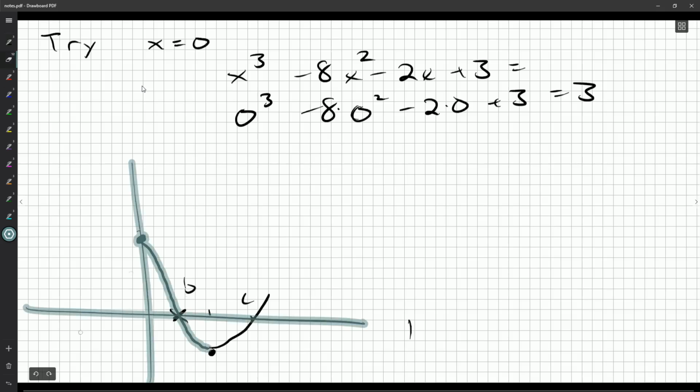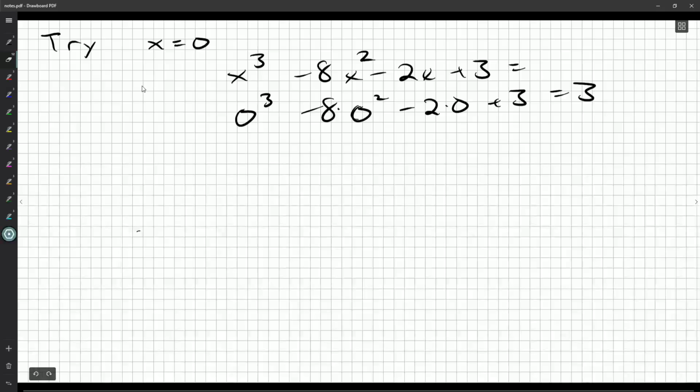That's the sort of thing I'm experimenting with, and I'm starting with 0 because it's a really easy one to calculate. I'll also try 1 and 2. Now, 3 is positive. If 1 turned out to also be positive, there either might be a root somewhere in here, or there might not. There's no real way to tell. But if one of them is positive and the next one I look at is negative, I definitely know there's a root between the two, which is kind of cool.